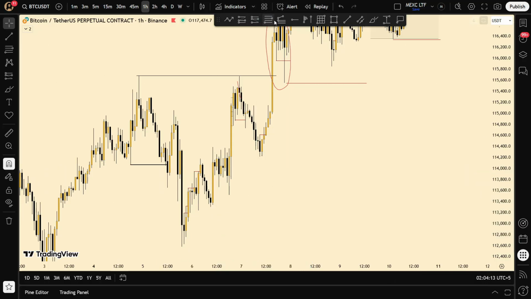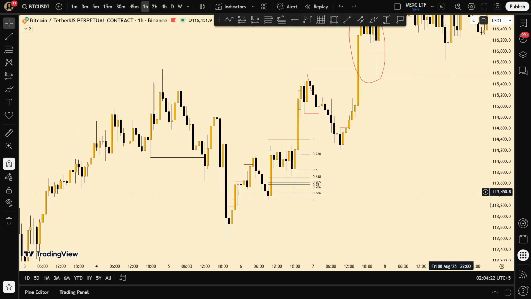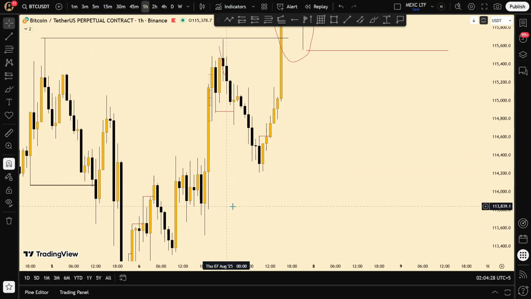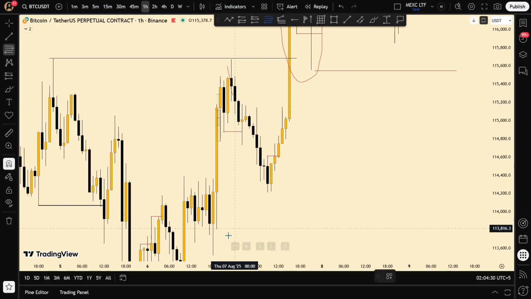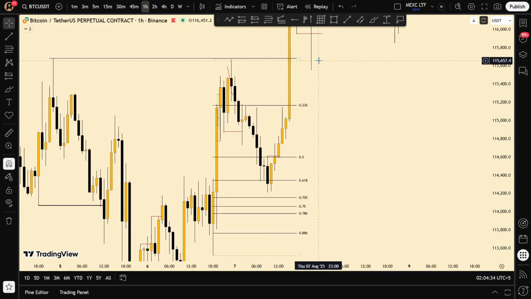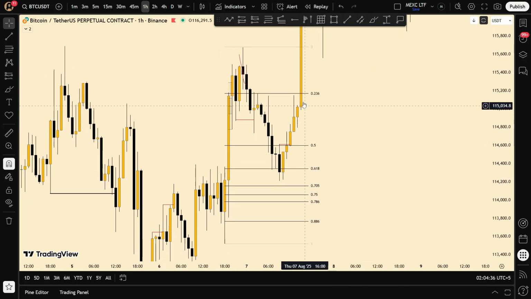The second one, from this low to that high, comes back almost to the 786 region, completes its cycle, goes back up. Now we have this leg. What does it do? Completes its cycle, the 618.